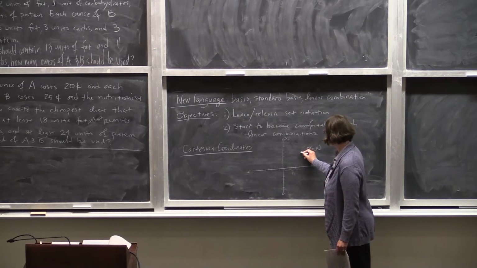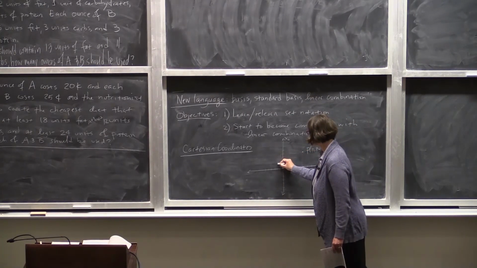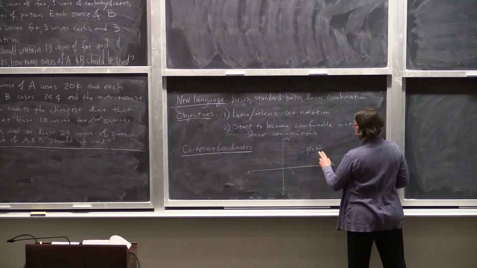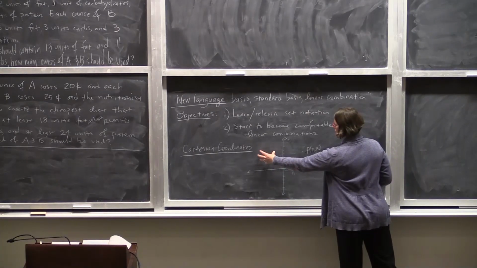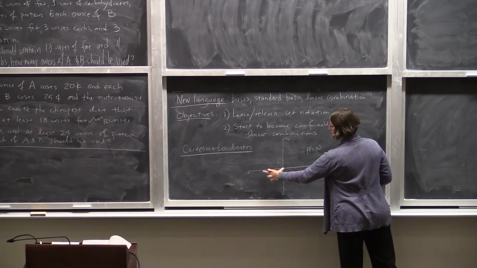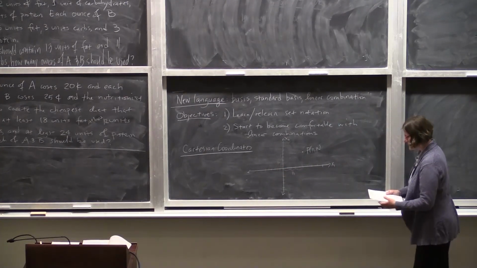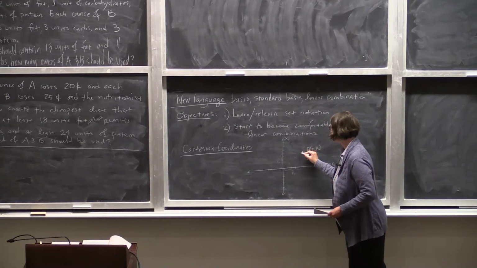And if you go across, this is the distance P2. If you're in the first quadrant, the coordinates P1 and P2 are both positive. Here, the first coordinate would be negative, the second coordinate would be positive, but it would still have to do with distances. So this is the Cartesian coordinate for this point.